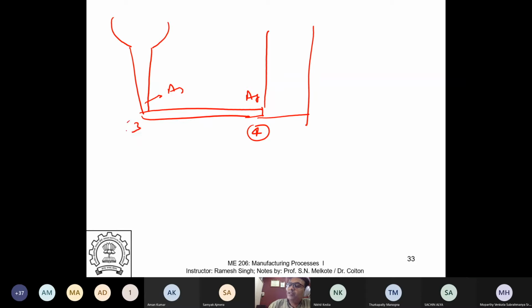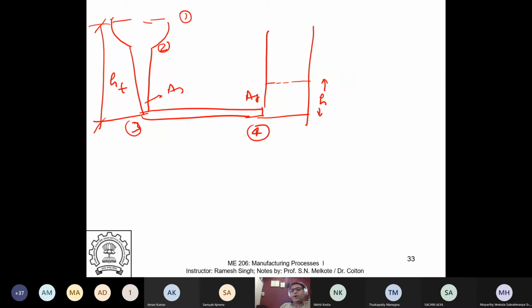This is point number 3. This is point number 2. And the top is point number 1. This is the total head HT. And once it starts to fill, imagine it is filled till here. So there is this back head.